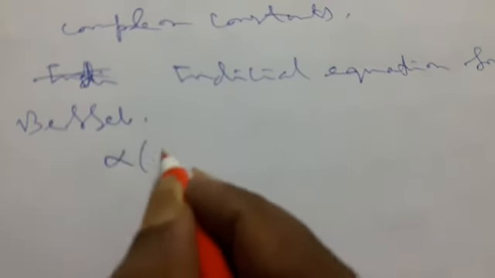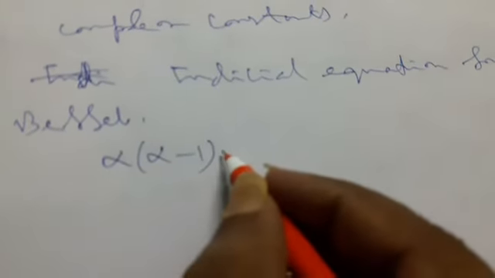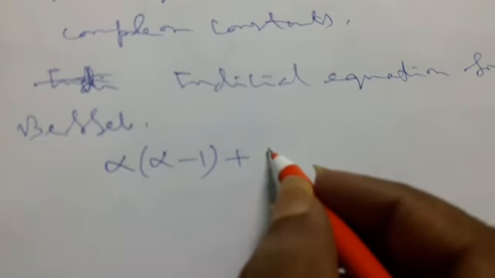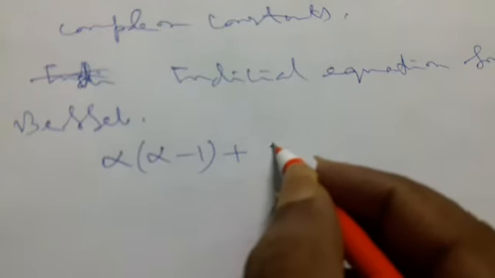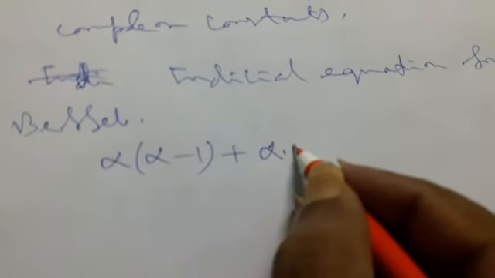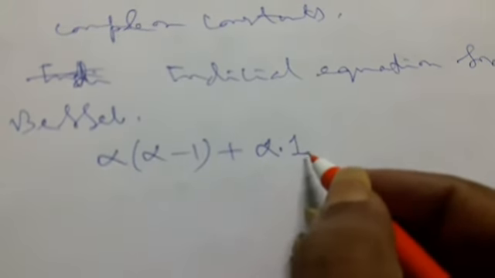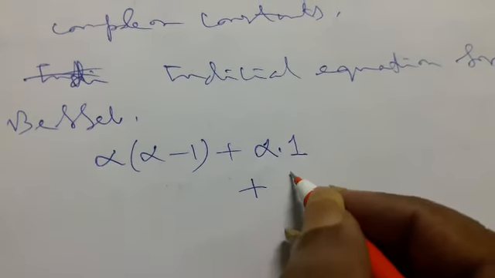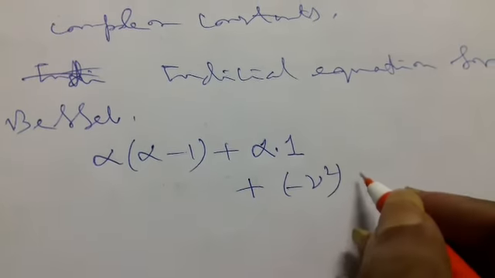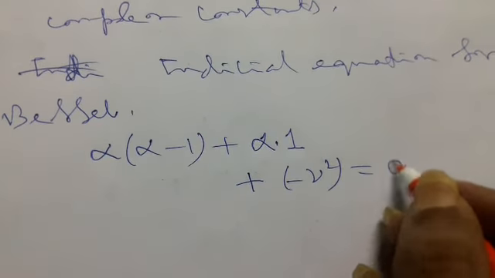If we consider the indicial equation, alpha into alpha minus 1 plus p0 alpha plus q0 equals to 0, where p0 is z p(z), which we already found to be 1, and q0 is minus gamma square.